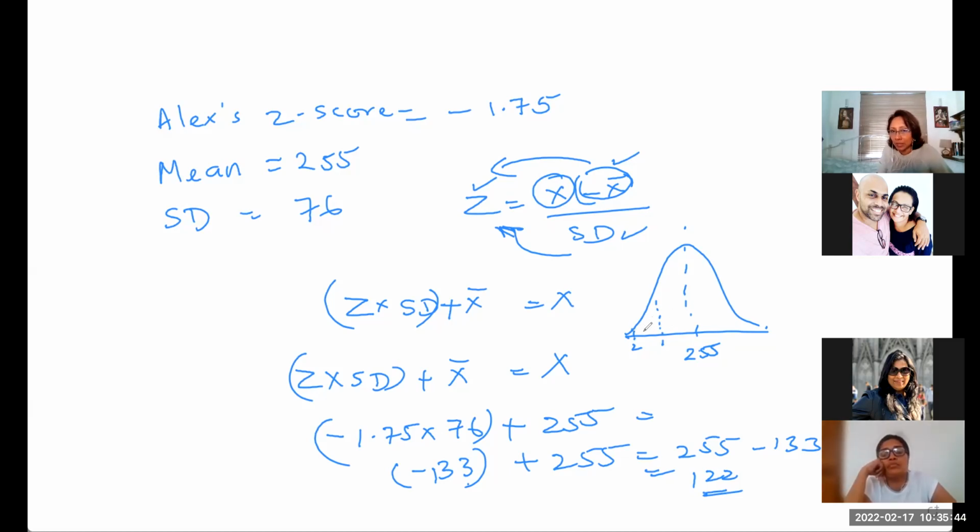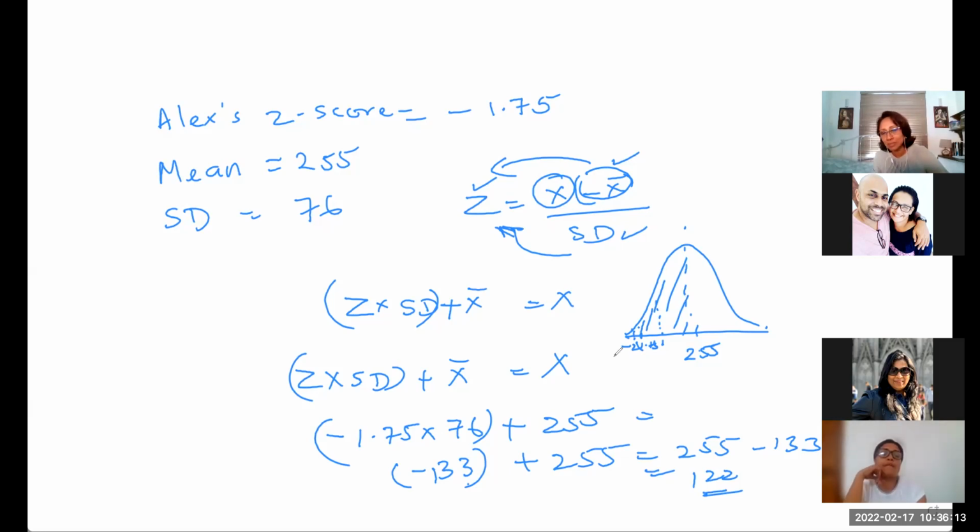I'm talking about the standard deviations, not the scores. Now Alex is somewhere here at minus 1.75, and we know that he didn't even make it to the average. He's beyond 1 standard deviation below, in the not so bright section of the population.